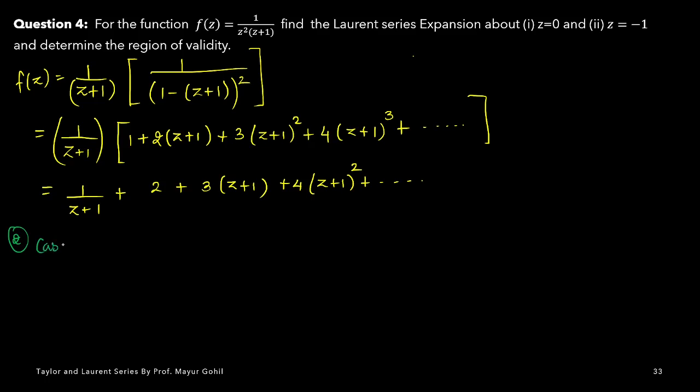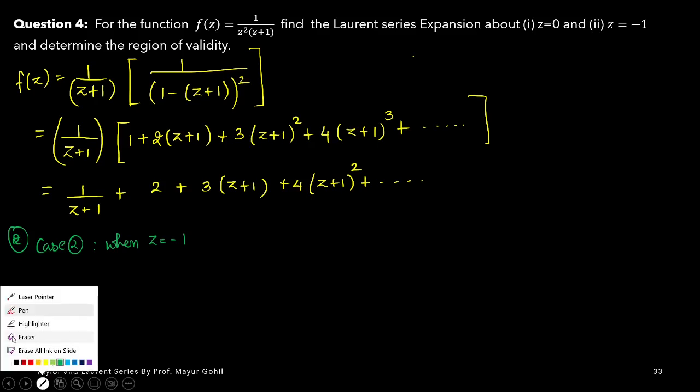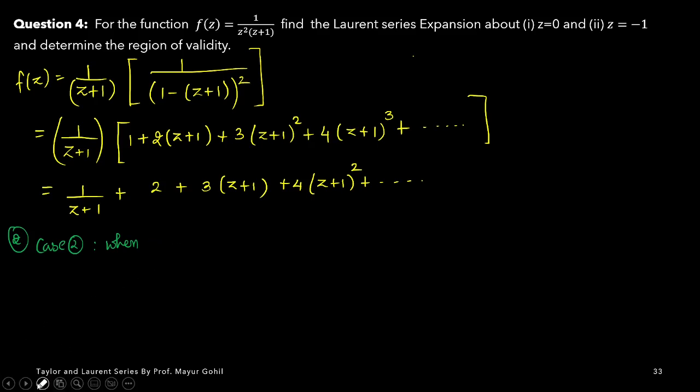When the expansion is about z equal to minus 1 and 1 is less than mod of z plus 1.